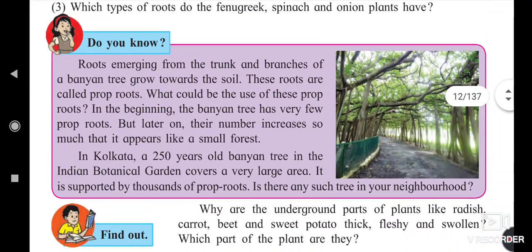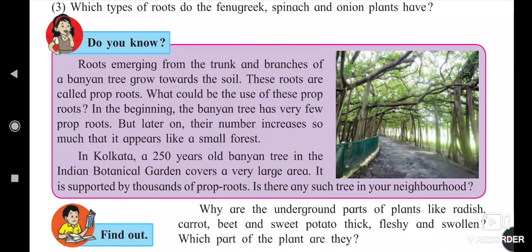Here we see that the roots emerging from the trunk and branches of the banyan tree grow towards the soil. These roots are called prop roots. What could be the use of these prop roots?